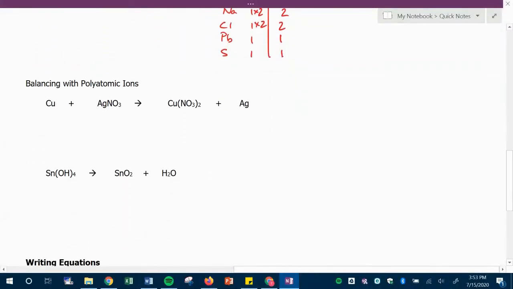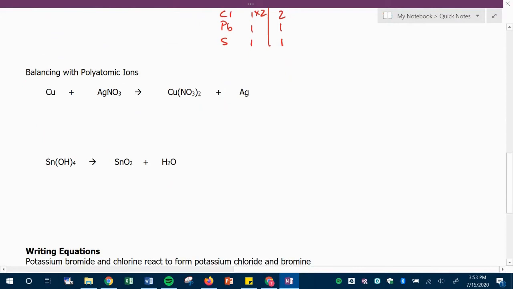Now I'm going to show you guys a little trick here. With balancing polyatomic ions, the key is that when you see polyatomic ions like NO3, instead of balancing the nitrogens and the oxygens separately, we're just going to balance NO3s.